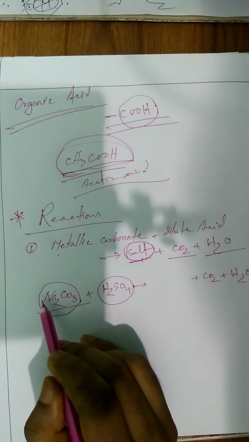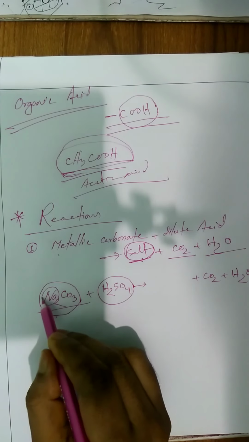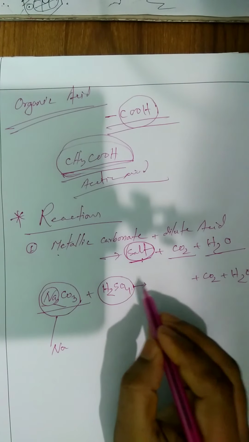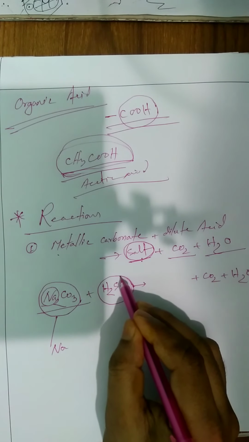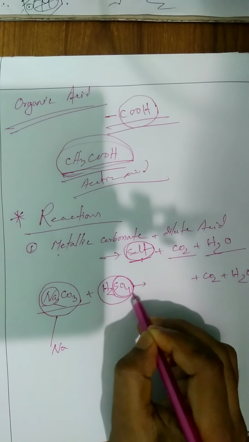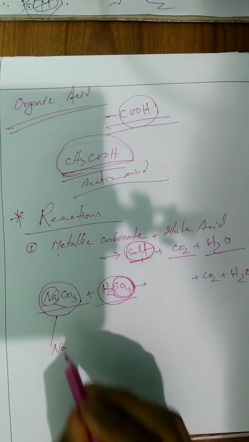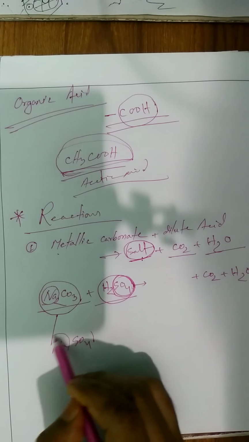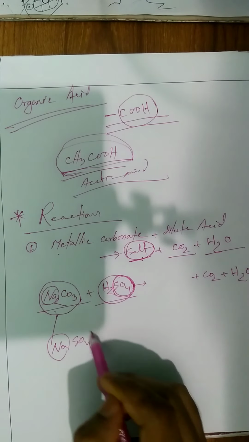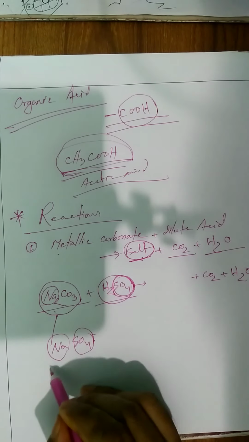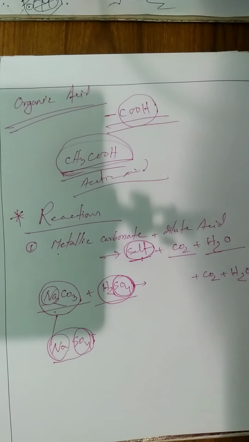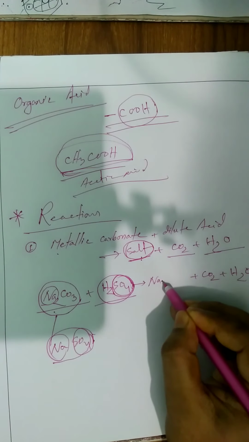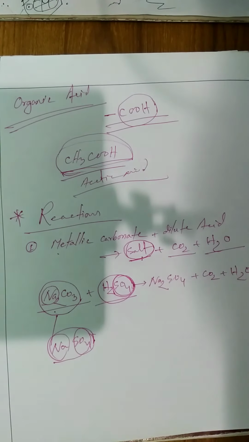Between these two, only sodium metal is present. So this metal and the radical from this acid combine with each other and form salt, Na2SO4.